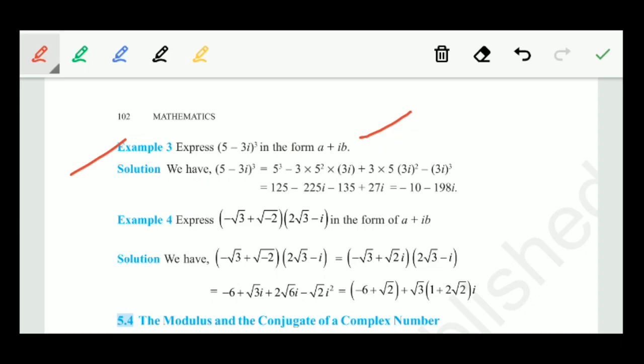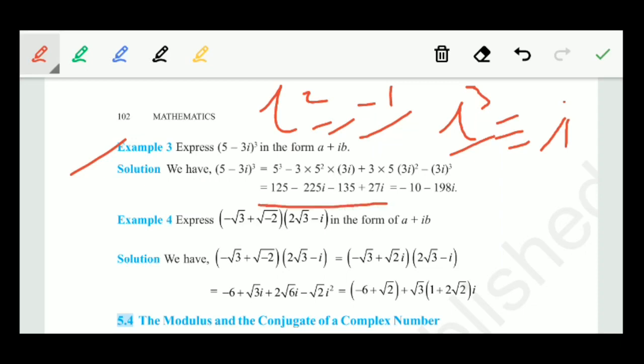So by using this identity you will get this one, and after simplification please note down iota square is equal to minus 1 and iota cube is always equal to minus iota. So we will use these things, and after simplification you will get 125 minus 225 iota minus 135 plus 27 iota, which is equal to minus 10 minus 198 iota, which is in the form of a plus iota b, which is our required answer.